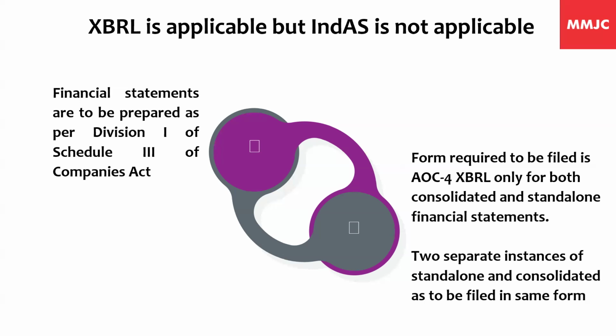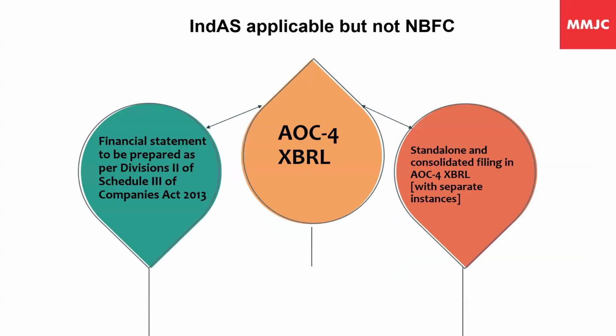The next category is of those reporting companies to whom Ind AS is applicable, but they are not NBFCs. As discussed earlier, all companies to whom Ind AS is applicable need to report their financials in XBRL format only, the only exception being the NBFCs. Therefore, the e-form to be used by such companies for filing financial statements is AOC 4 XBRL only.